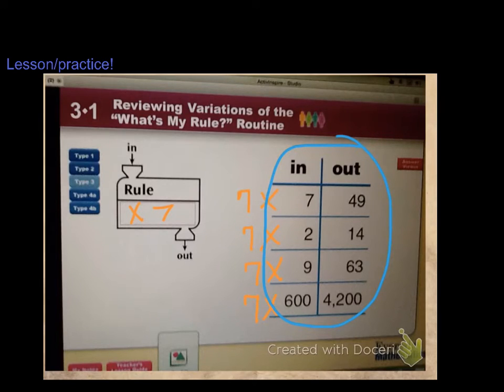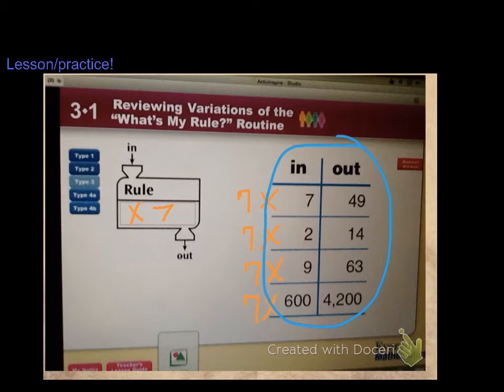So there's a couple of different ways that I could have gone about this. Now you notice on the left side that I have written 7 times for each row. And yes, 7 times 7 does equal 49. And 7 times 2 does equal 14. 7 times 9 does equal 63. And 7 times 600 does equal 4,200.